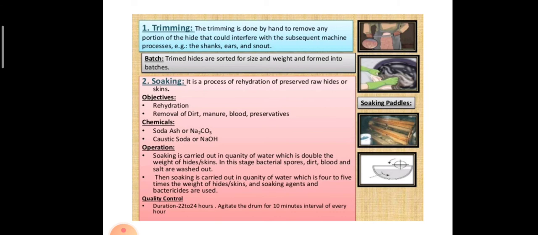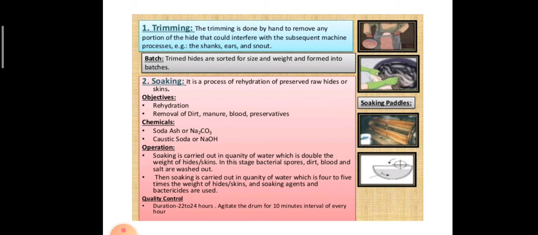Trimmed hides are sorted for size and weight and formed into batches. The laborers sort them according to size as well as weight for different batches.